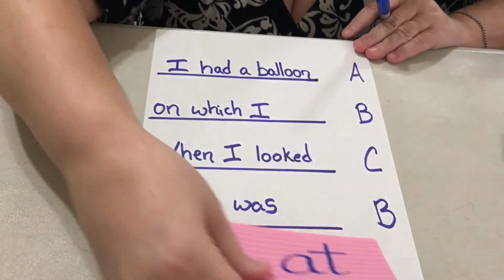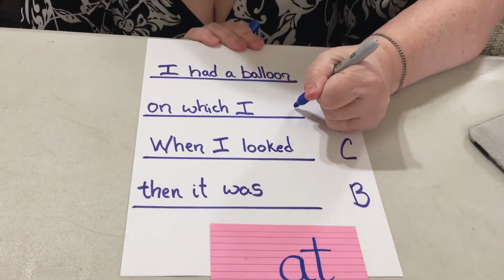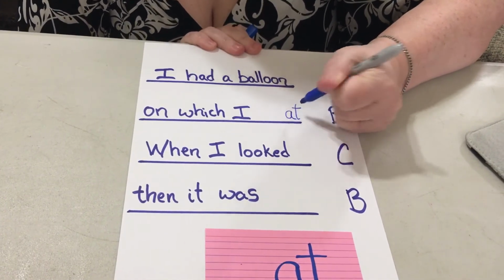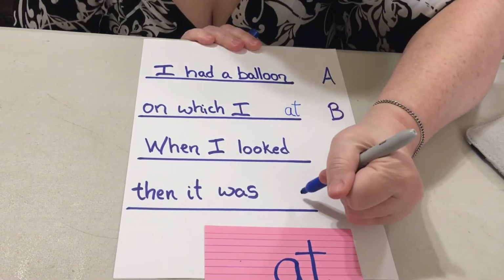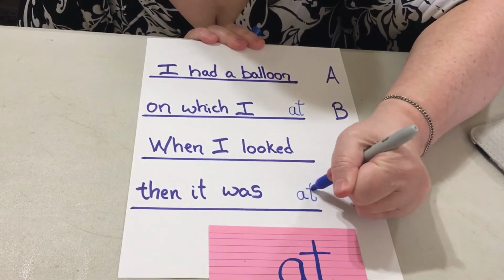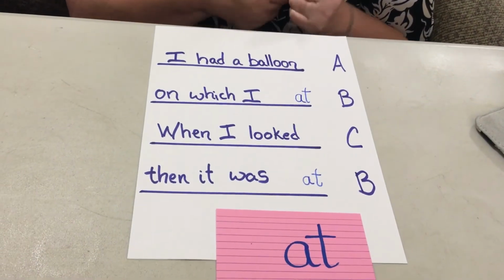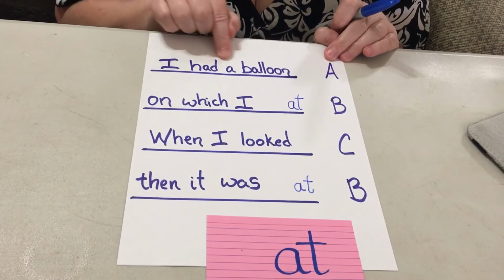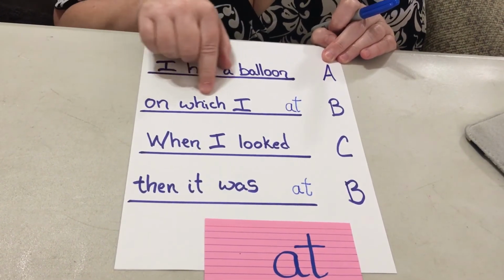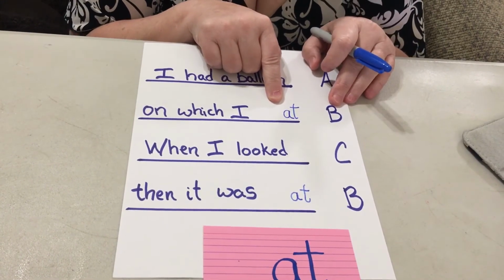This time I thought we would use the end sound, A-T. A-T says at. All right, let's read our poem. Are we ready? I had a balloon on which I... what did I do?